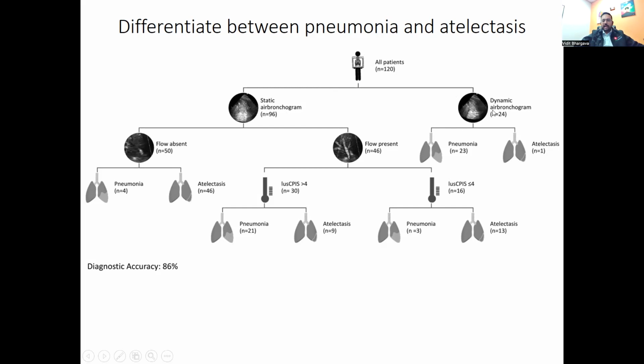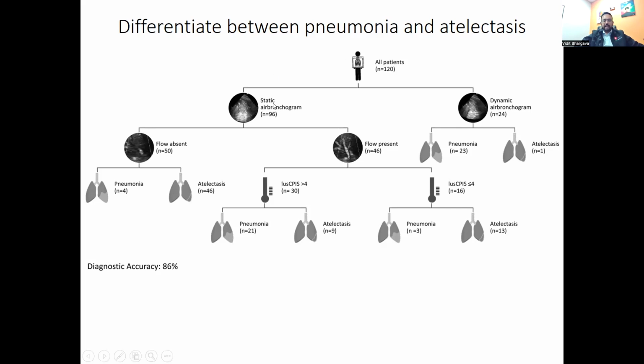The patients who had dynamic air bronchograms, for the most part, were diagnosed as having pneumonia, and the diagnosis was eventually based on the physician's clinical impression, use of chest X-ray, and BAL samples or sputum samples when available.